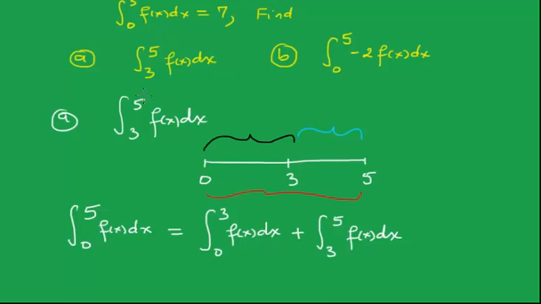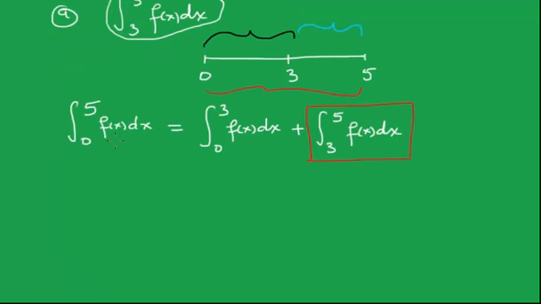What are we looking for? The integral from 3 to 5. So we are looking for this integral here from 3 to 5. So I can just isolate it and bring this expression over to this side.